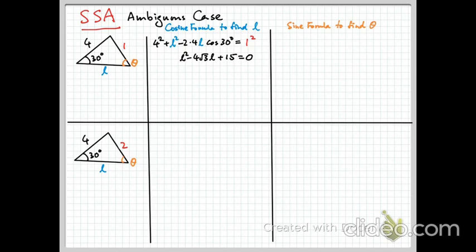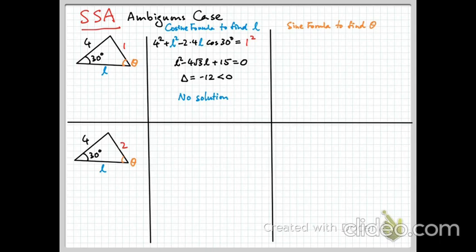The solution to this quadratic equation is the solution to L. If you do it on the calculator, you discover that unfortunately the discriminant is less than 0. Let's see what the discriminant is. B squared minus 4AC, so it's minus 12. It's less than 0. So that means there is no solution to L. Such a triangle is impossible. It's never possible to draw a triangle.